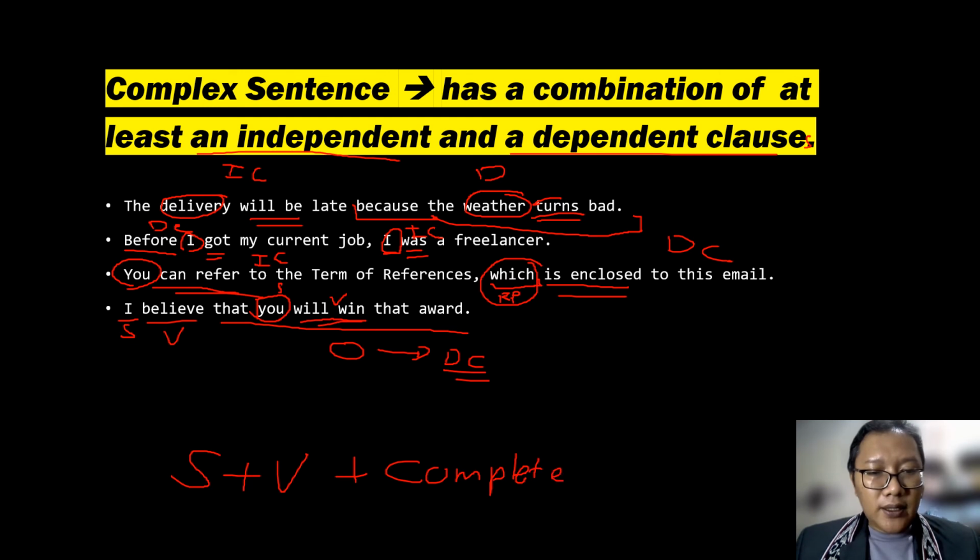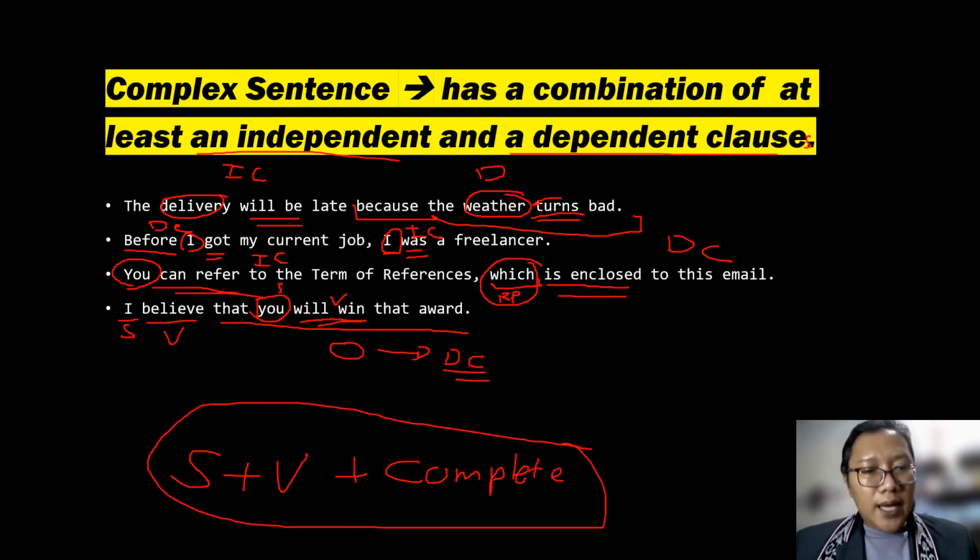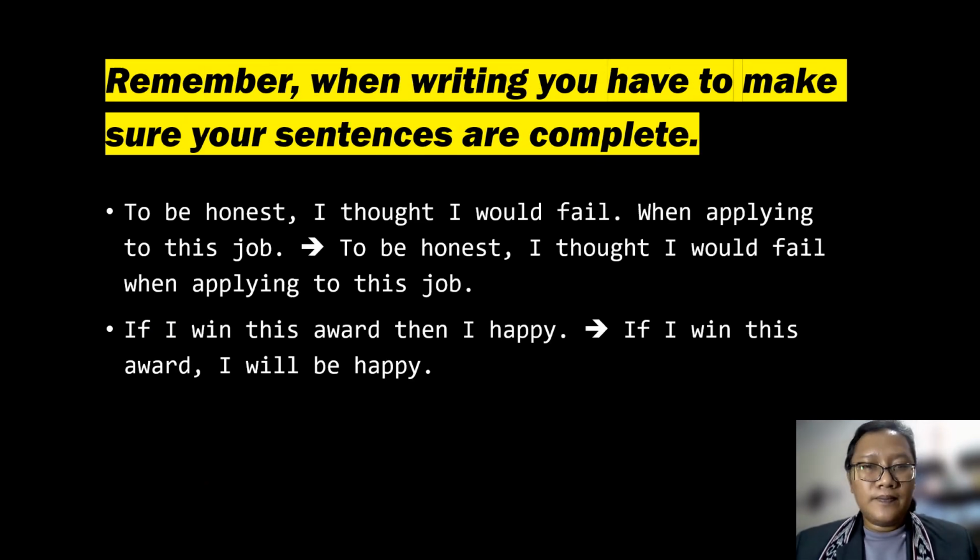These are the elements of a sentence. Without any of these, you cannot call it a sentence. Okay, let's take a look at the example here. So you have to make sure your sentences are complete, like this one.